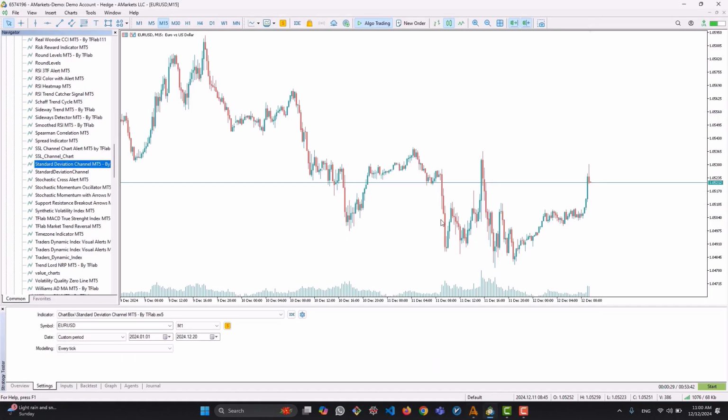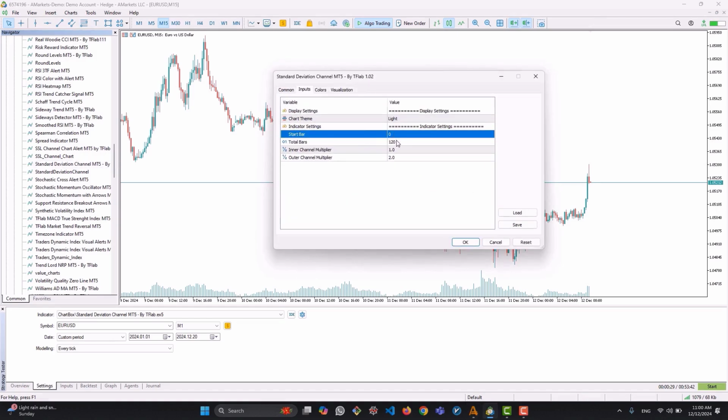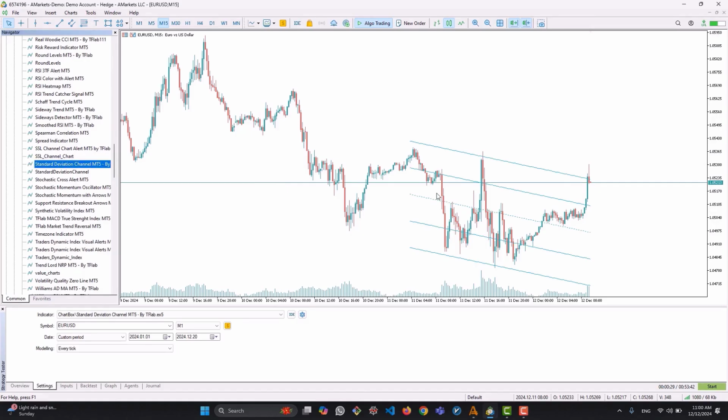You can also use the MT5 version of this indicator on the MetaTrader 5 platform. Let's watch a live test of this indicator on the MetaTrader 5 platform.